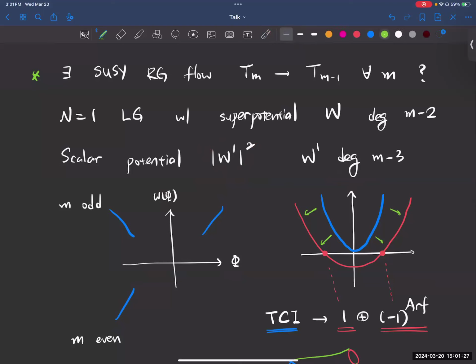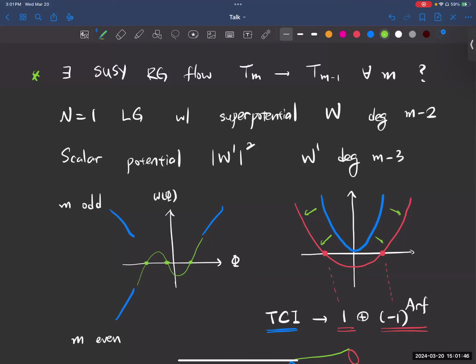For example, you could connect things like this, and you get 3 points. The rule is that depending on the slope, if it approaches 0 in one direction versus another direction, you count these states with different parities.